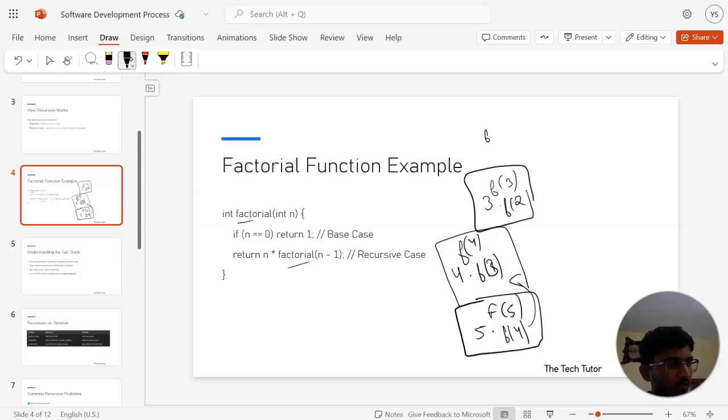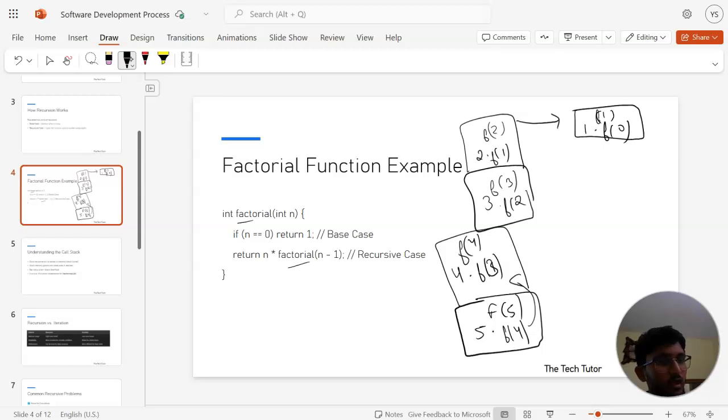Then f of 2 is going to be 2 times f of 1, and I'm going to put it over here. f of 1 is going to give us 1 times f of 0. Now see, we've gotten 0 over here. So now n is equal to 0, our base case comes into the picture. It's going to return 1. So it's 1 times 1, which is 1.